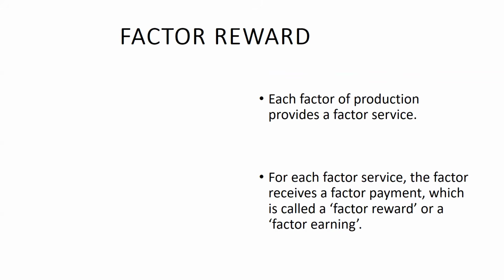Now, each factor of production has a reward for the service. What's the reward for land? Let's see who knows it before I even go into it. Rent. The reward for labor, wages. The reward for capital, interest.